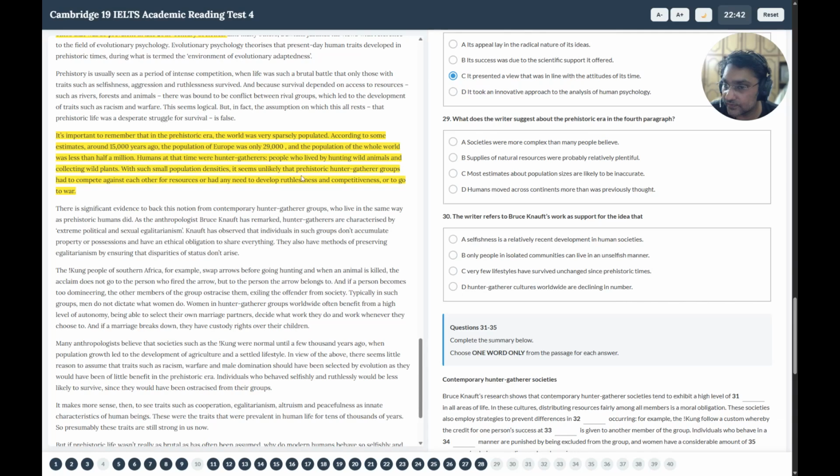Collecting. No, societies were not complex.